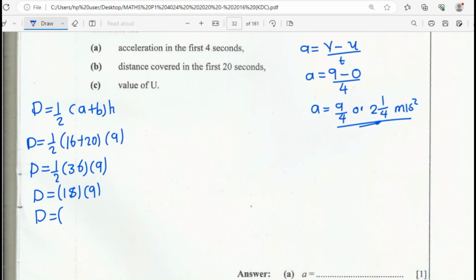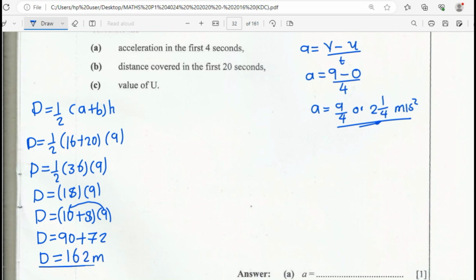Let's do this. 18 is the same as 10 plus 8 times 9. So according to algebra, 9 times 10 is 90, plus 9 times 8. 9 times 9 is 81, 81 minus 9 will give us 72. So 72 plus 90 will give us 162 meters as our final answer.